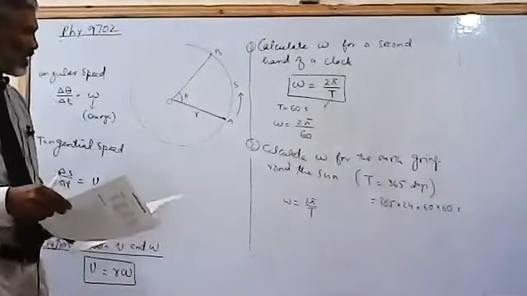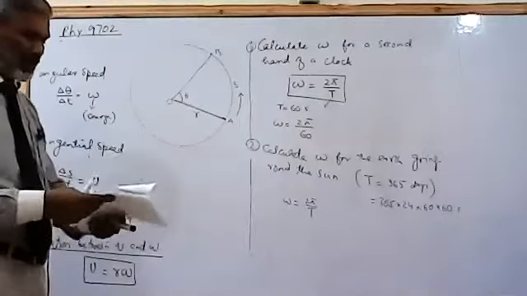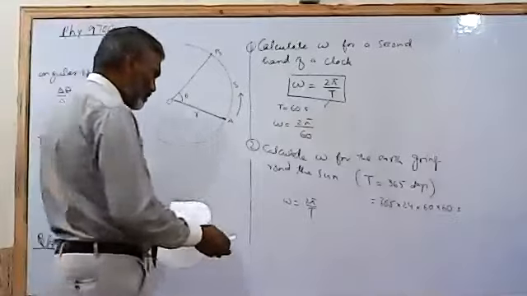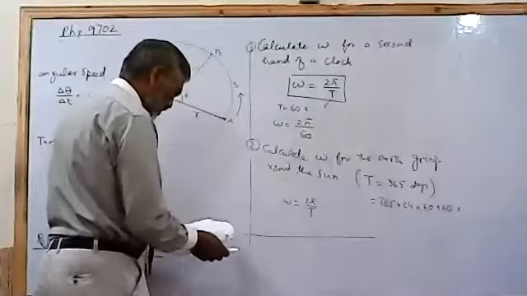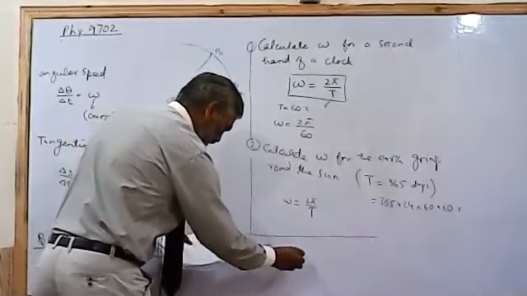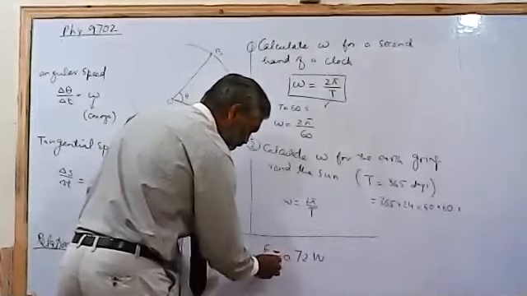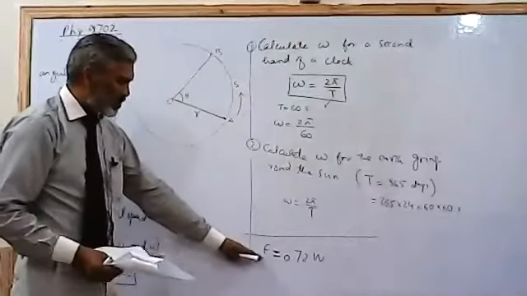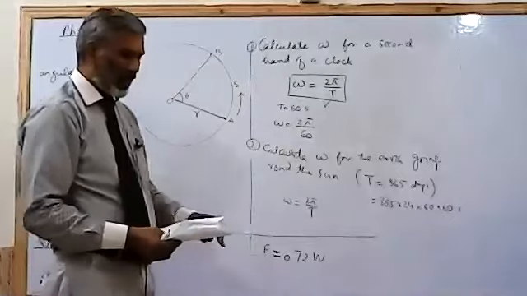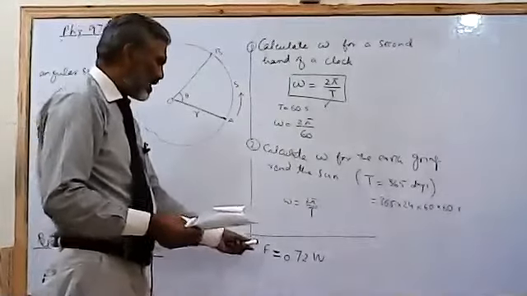For this question, I'll quickly give you a hint, because there is already an equation. F is equal to 0.72 W. This equation is giving you an idea what is the force required to hold this coin on the disc.